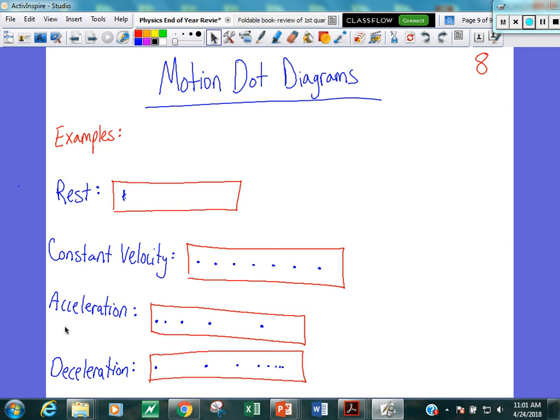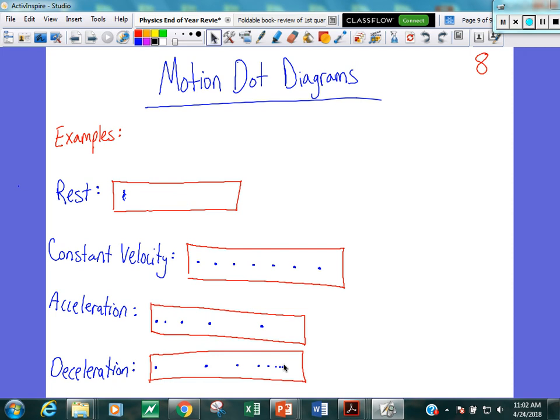All right, and then finally, let's show deceleration. So deceleration is when we're going fast and then we slow down. So if you're going fast, there's a greater distance between the oil drops. So the greater distance between the dots here. Now as we slow down, the dots get closer together until if you came to rest, they would just be on top of each other at the end.